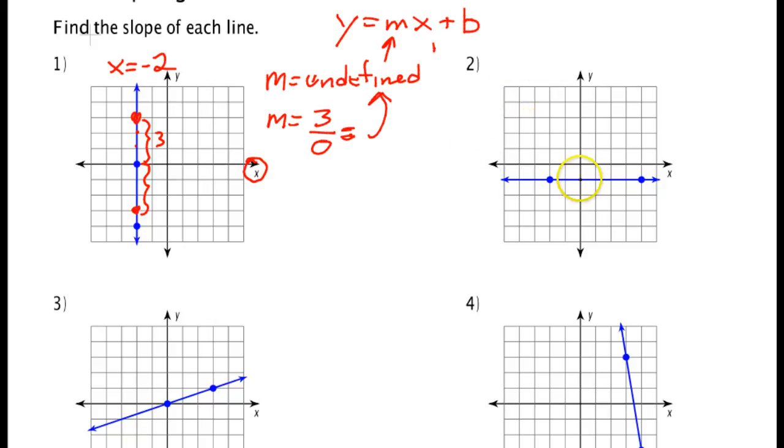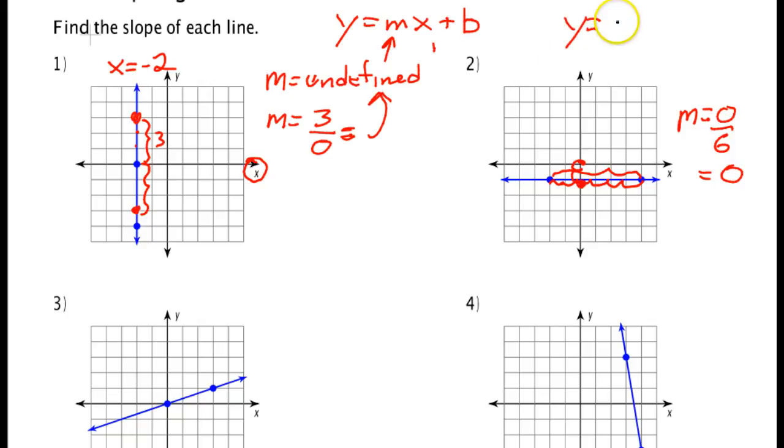So here we have a slope of 0, because if you pick any 2 points, like these two, the 1, 2, 3, 4, 5, 6, the rise is 0, so it's 0 over 6, so that equals 0. Slope is equal to 0. The y-intercept is 1, 2, down 2, -2.